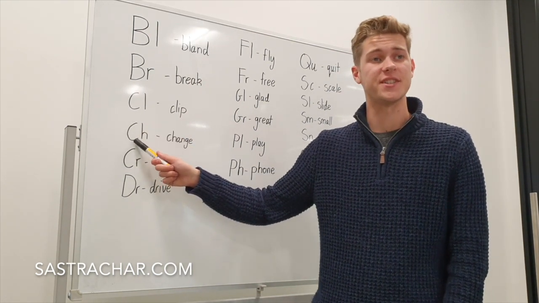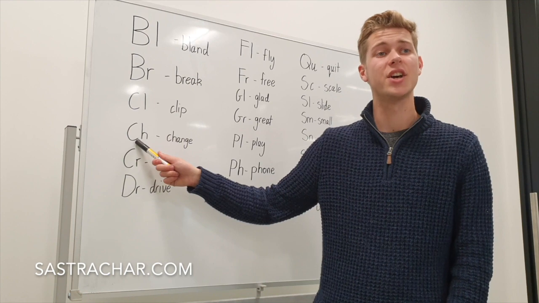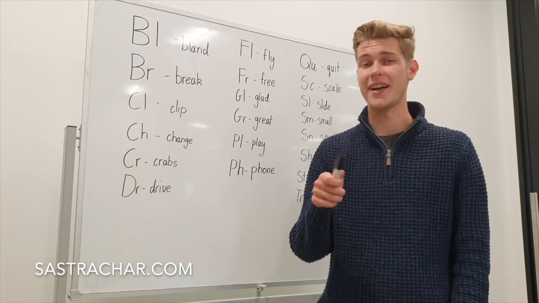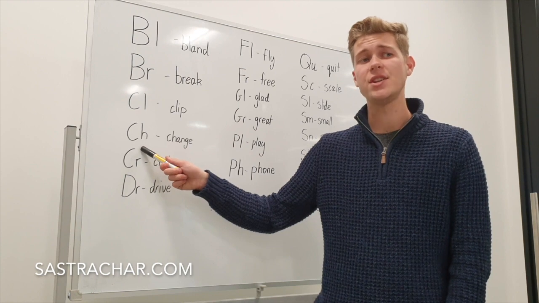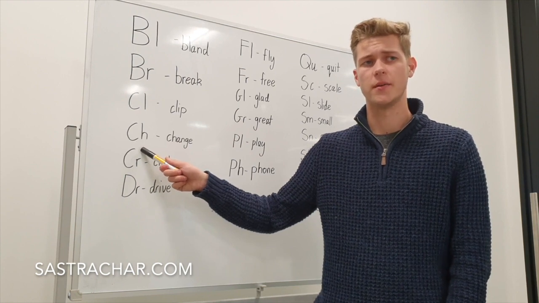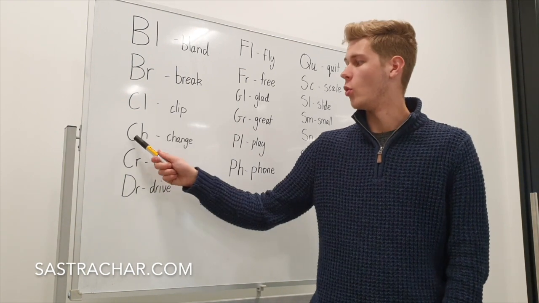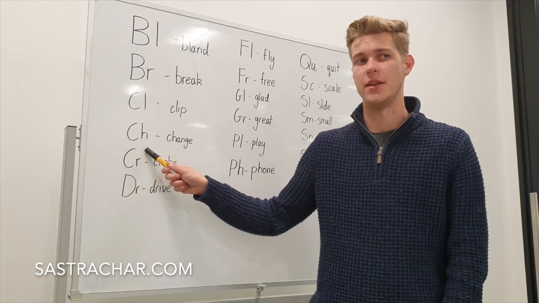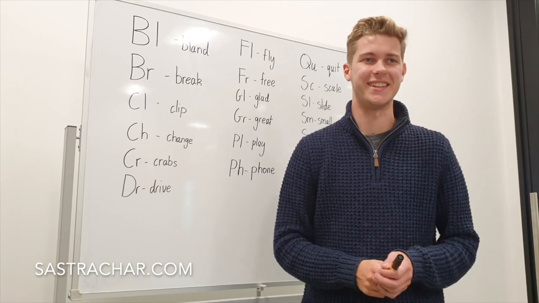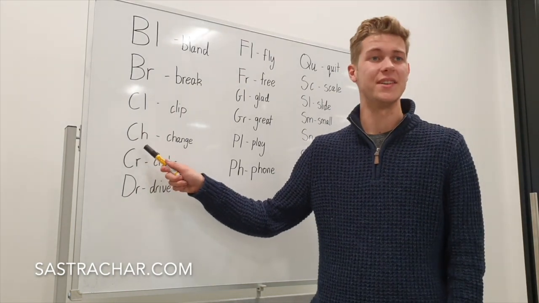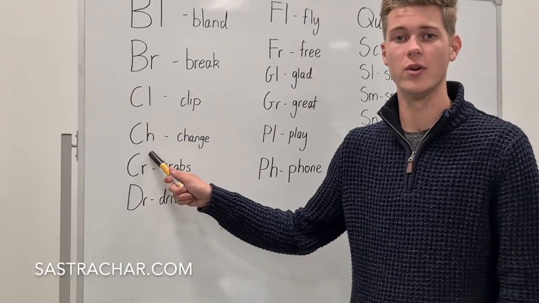Now this here is a C. Once again, it goes K. The C goes K, and it's next to an H. And the H normally goes H. However, when a C and an H go together, they don't go K-H, because that wouldn't make any sense. When a C and an H are together, they go Ch.